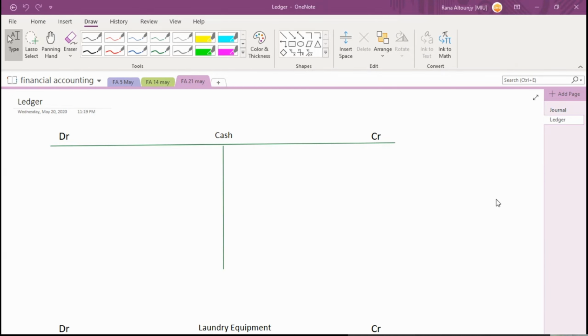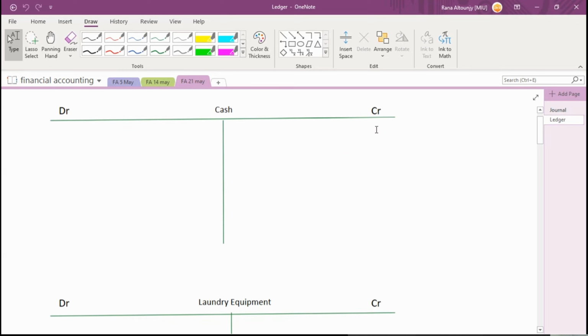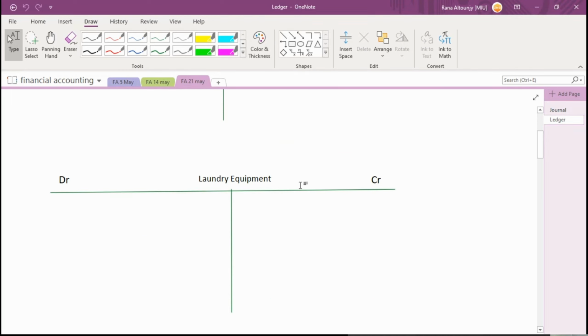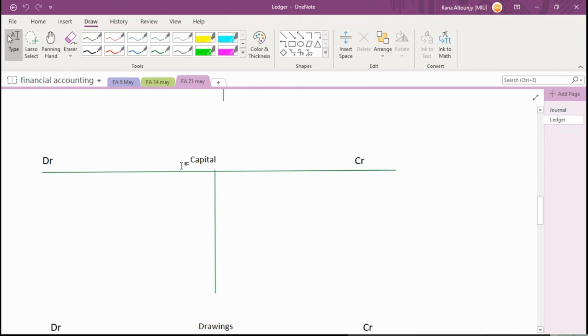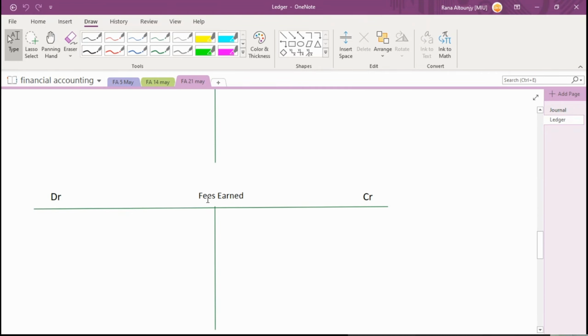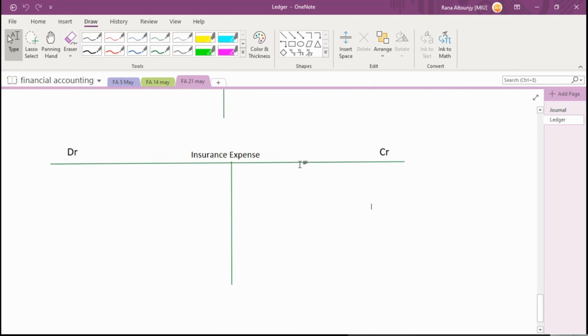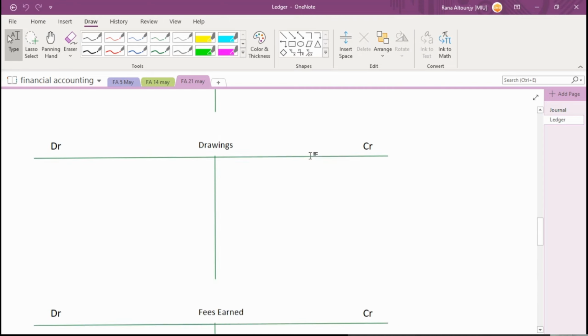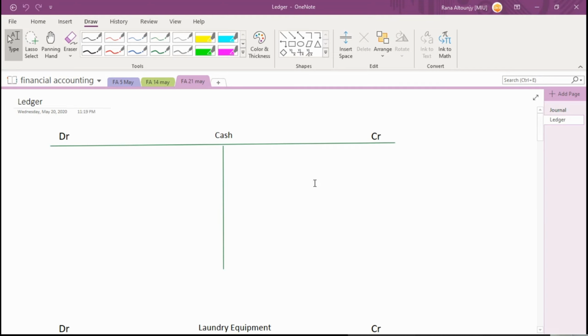First, what I did, I opened a T account for all the accounts we have: for the cash, the laundry equipment, the bank loan, the New Straits Times creditor, the capital, the drawings, fees earned, advertising expense, rent expense, and also the insurance expense. So we open a T account for each of the accounts. Let's transfer transaction per transaction from the journal to the ledger.